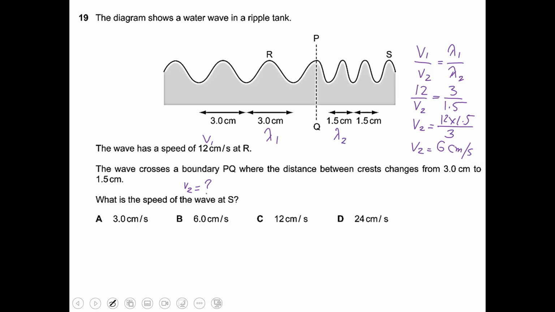Check your cross multiplication. Now, if you cross multiply, it will come like this. Yes, it's 6.